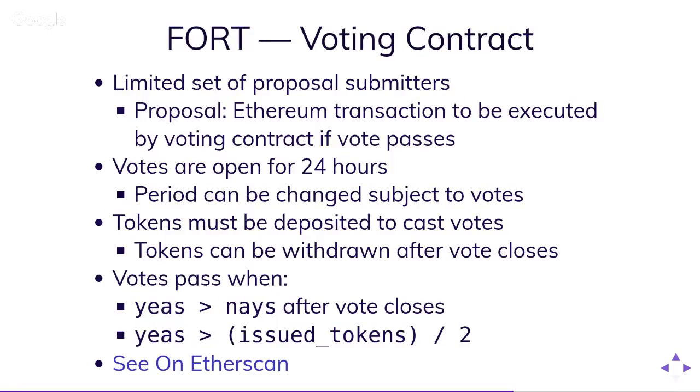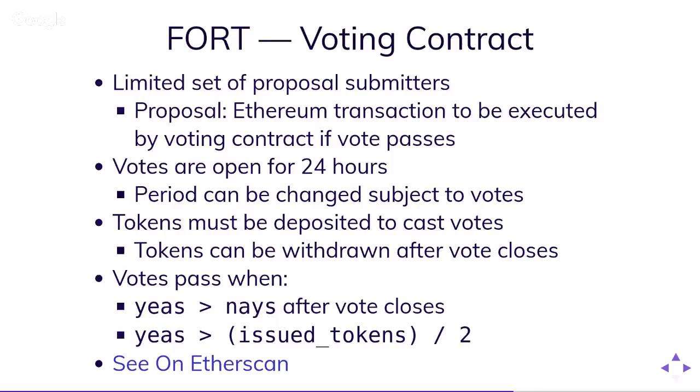In order to vote, any fort tokens must be deposited into the contract to cast votes, and that will allow you to cast one vote for each token deposited. Your tokens can be withdrawn after the vote closes, but as long as a vote you have voted on is open, your tokens will be locked into the contract so that we can guarantee you're not casting your vote and then sending your token somewhere else and then voting again.